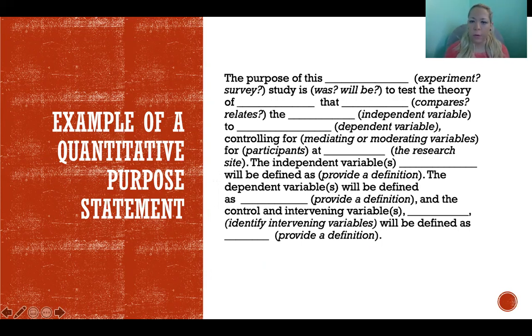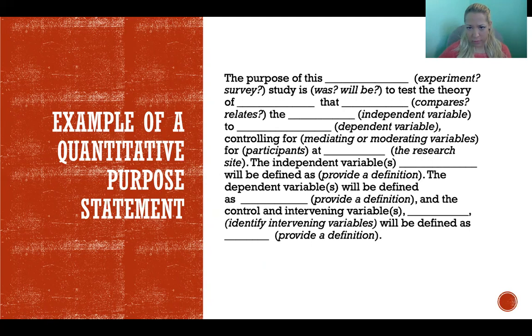So the purpose of this, what is it? What kind of study is it? Is it a survey? So the purpose of this blank study is, if it's a proposal and hasn't happened yet, or was, if you already conducted the study, to test the theory of blank that blank. So if you're testing a theory, then that's where you would put that.